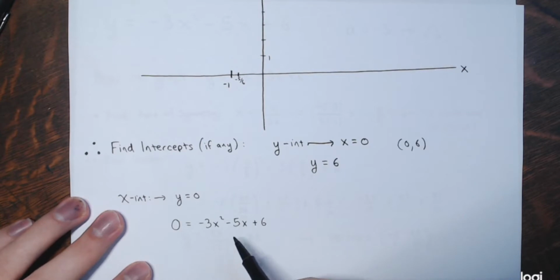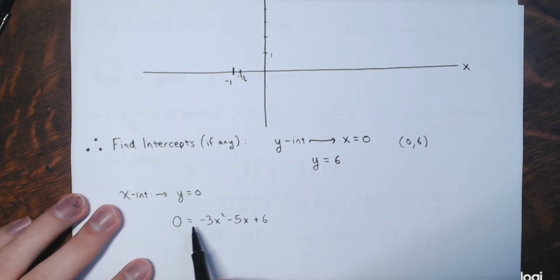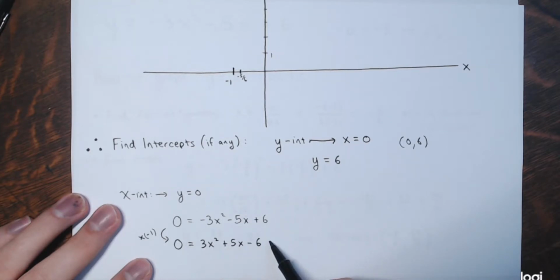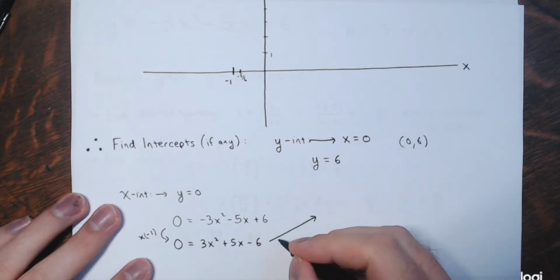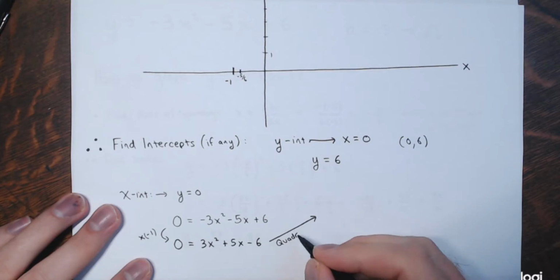Me personally, when I'm solving a quadratic equation, I don't like having a negative lead coefficient. So I'm going to multiply both sides by negative 1. The left side would still be 0, and the right side would be 3x squared plus 5x minus 6. And now I'm using the quadratic formula. It's in standard form, where everything's on one side and zero's on the other.